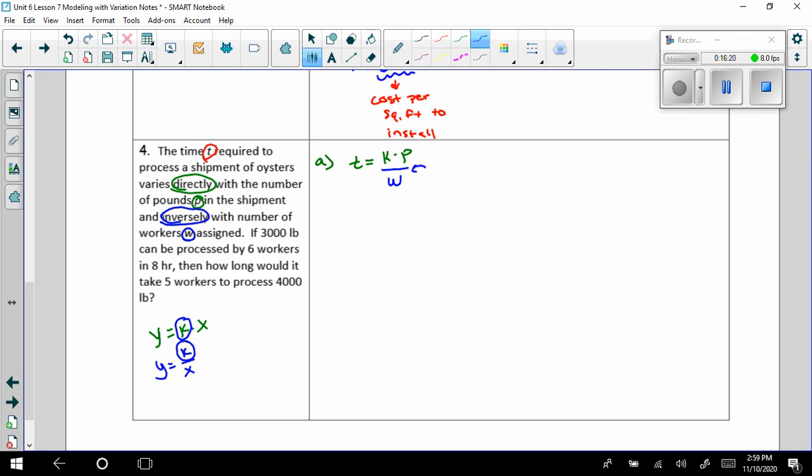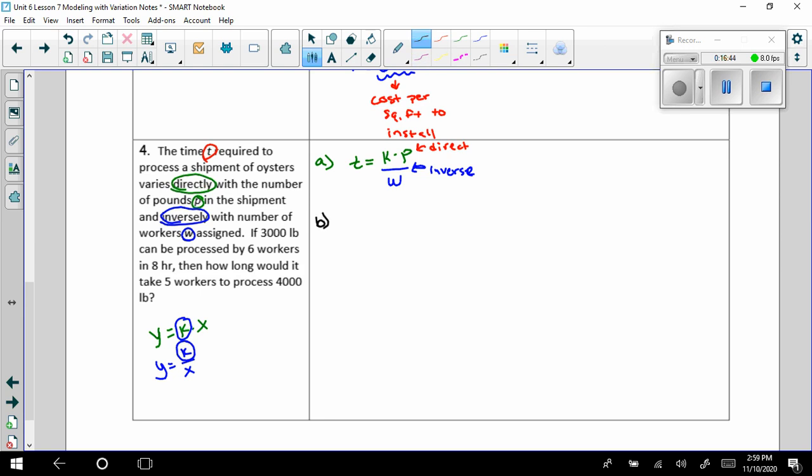As soon as you divide by a variable, you've made it an inverse. Up here at the top, this is direct. So you have your direct variable and your inverse variable. K is the same throughout.